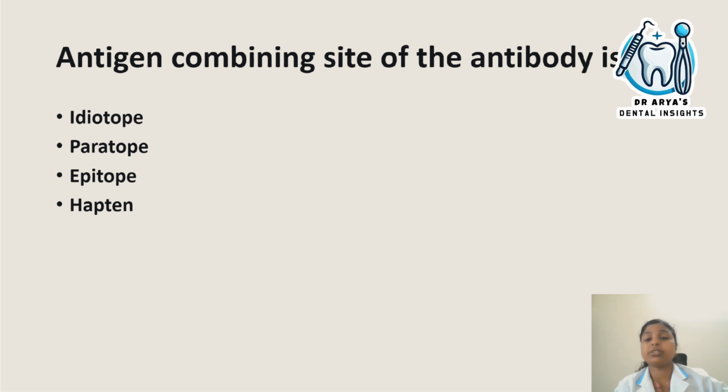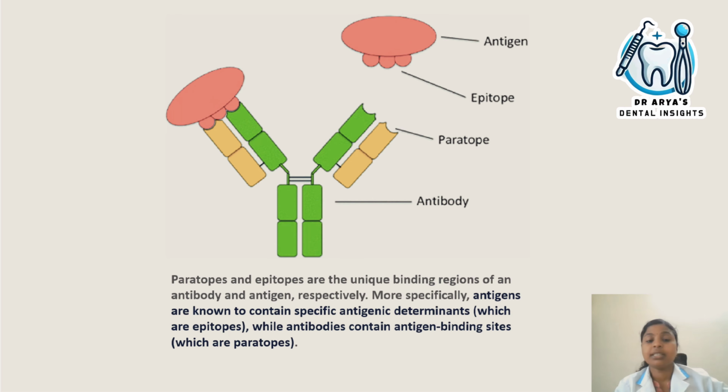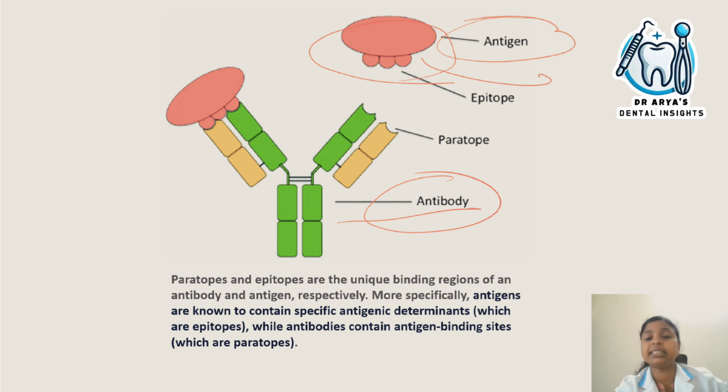The antigen combining site of the antibody is it idiotope, or paratope, or epitope, or hapten? So this is the antigen and this is the antibody. Here the epitope is seen in the antigen and the paratope is in the antibody.